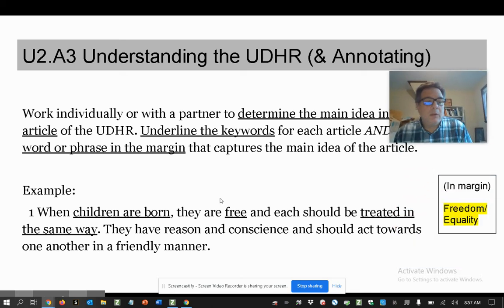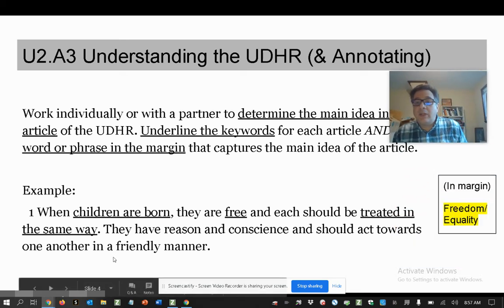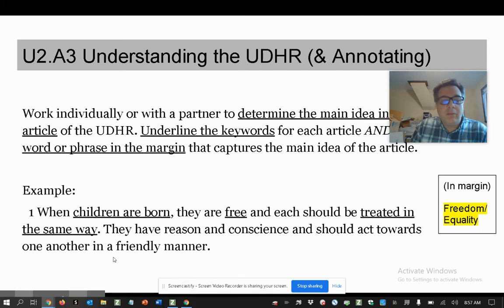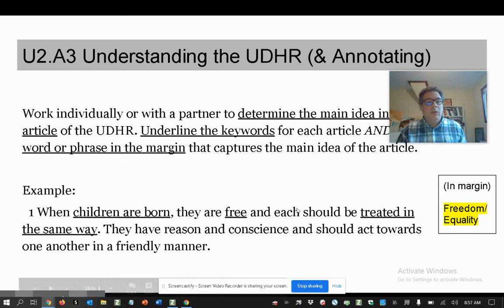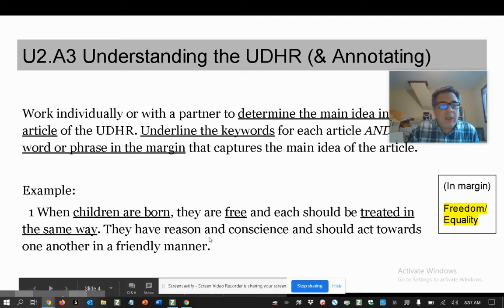So number 1, here is the example that we've done. And this is the simplified version of the Universal Declaration. When children are born, they are free, and each should be treated in the same way. They have reason and conscience and should act towards one another in a friendly manner. So, there are several key words or phrases underlined here, okay, from their very birth.